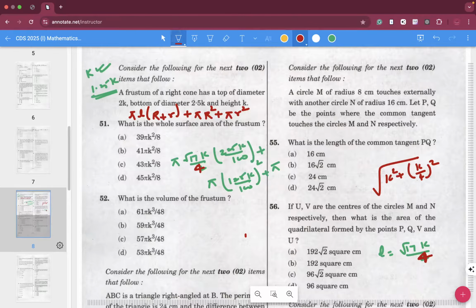Guys, look, if you just drop in and out, then you won't get it. So from here root under 17k by 4 has come.